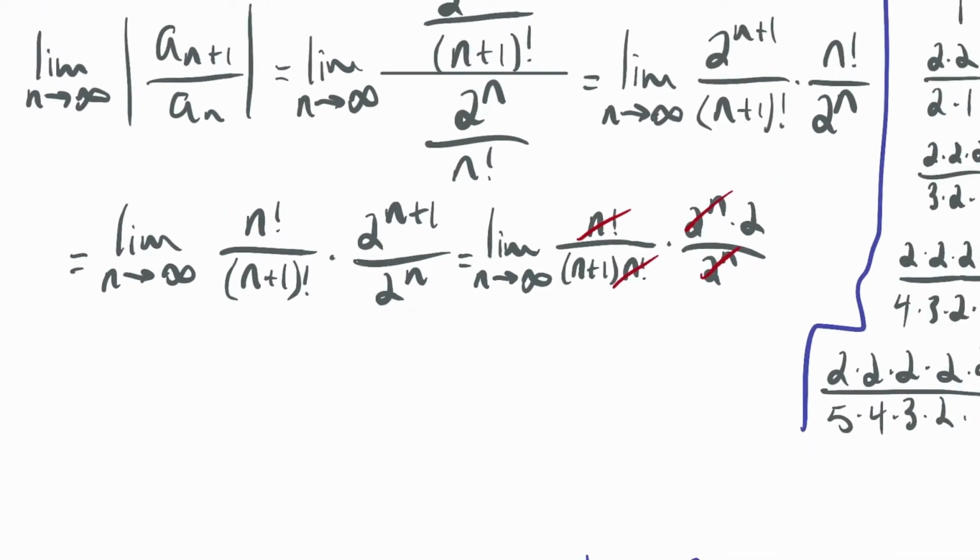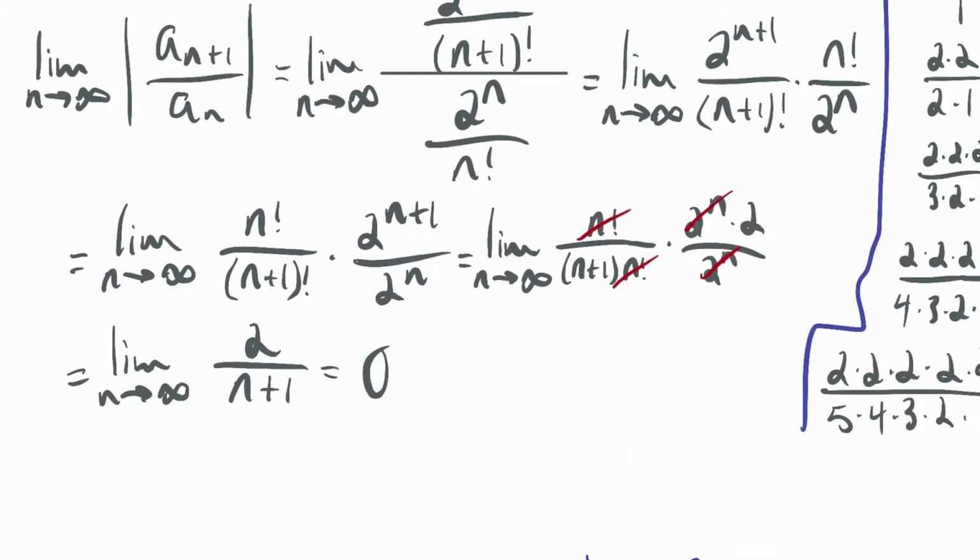So I will have the limit as n goes to infinity of 2 over n plus 1, which equals 0 because the bottom grows without limitation and the top is just a number 2.